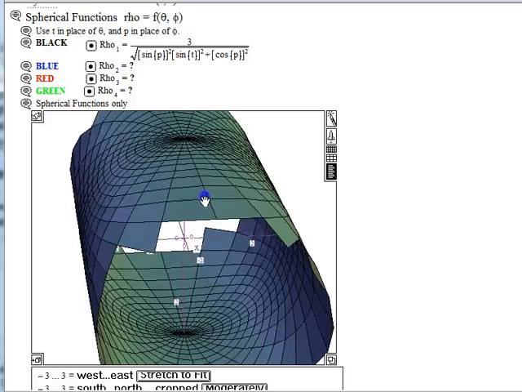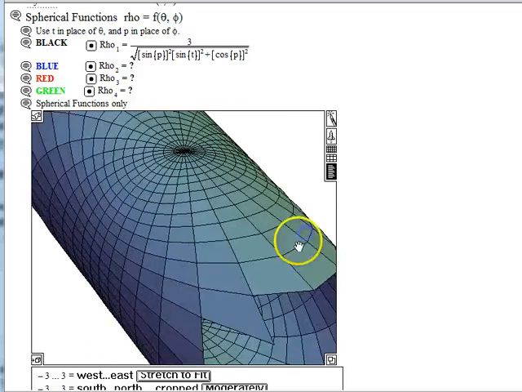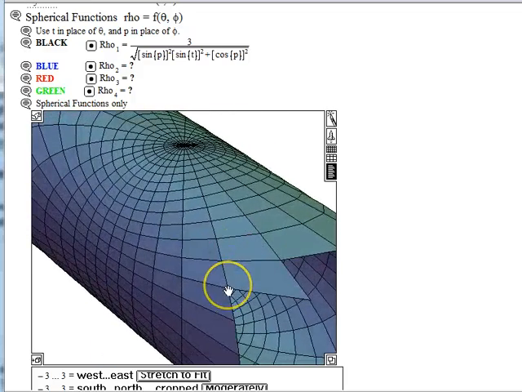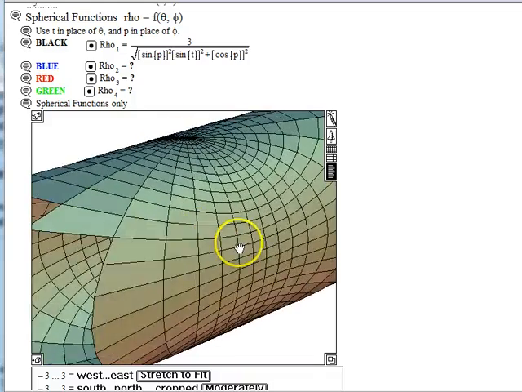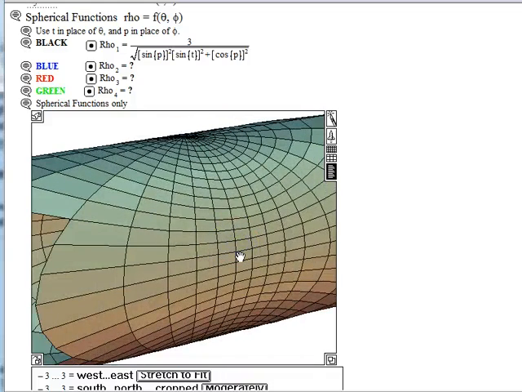I really like the way it ends up looking though. It just kind of looks like a cylinder that Spider-Man made or something, with the grid on it here. Anyway, that's y squared plus z squared equals 9. Cylinder, radius 3, centered around the x-axis.